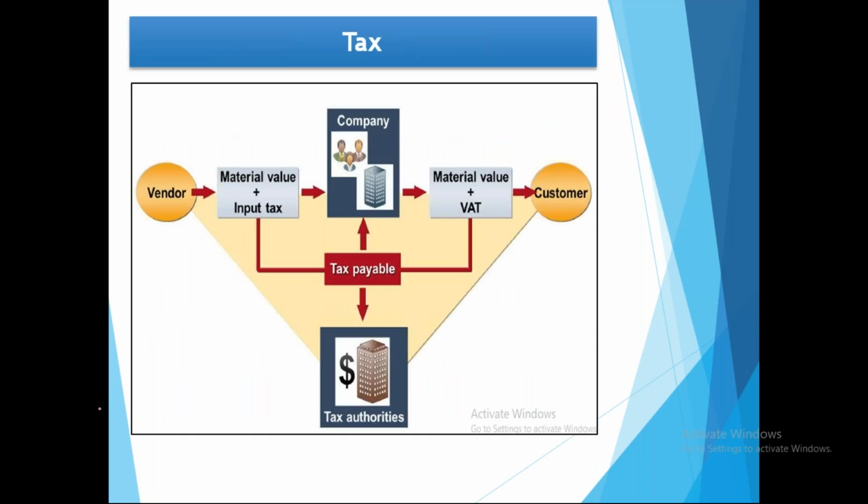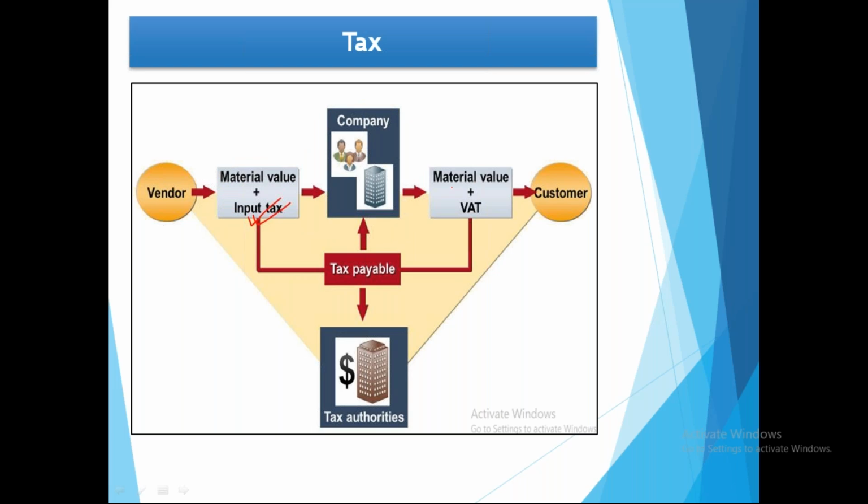Normally, whenever you procure a material, you will be paying some tax to the supplier, the vendor, which is called input tax. Let's say we are a company procuring a material from a supplier. When we make the payment, we will be paying the tax also, which is called input tax.